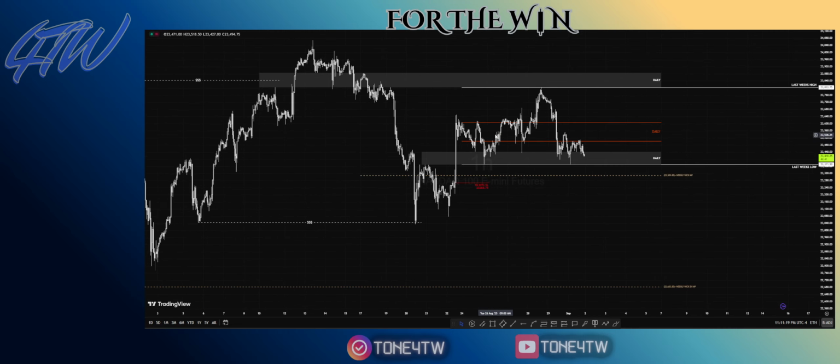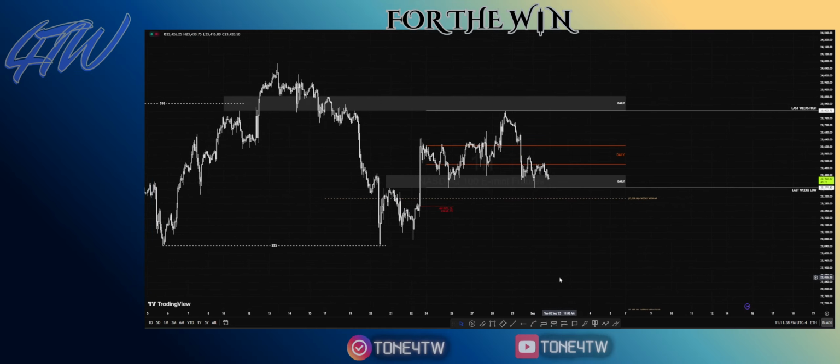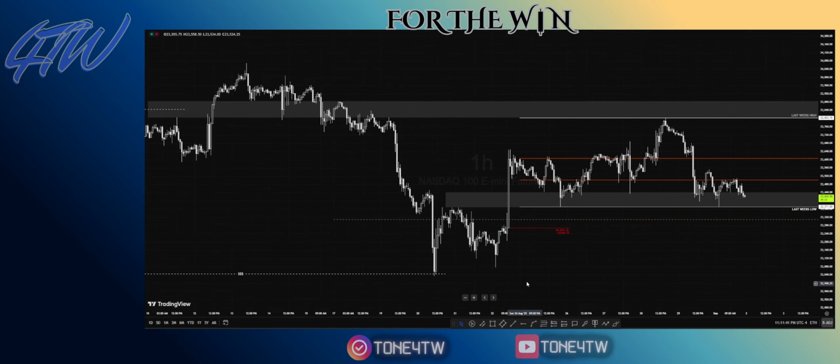And then this range is a premium inside of that range. So if we're pushing down, that makes sense because this is premium price. But we took out that low, so we're going to have that continuation, or price is going to push back up. But we see both opportunities now.